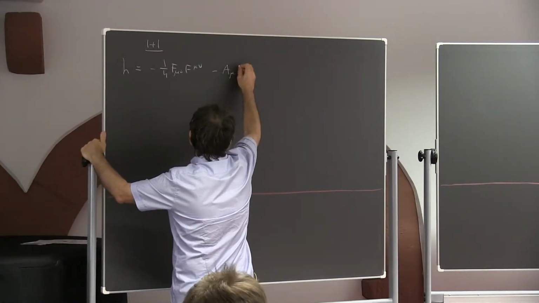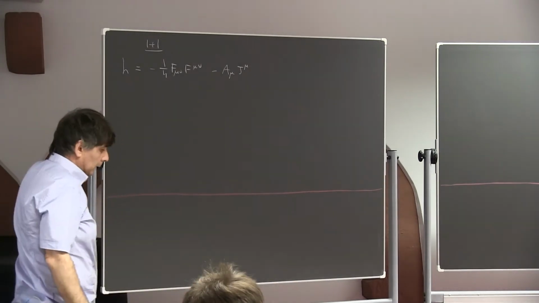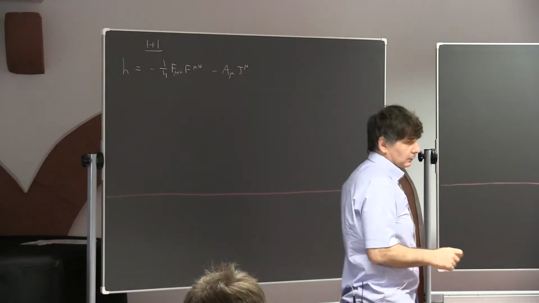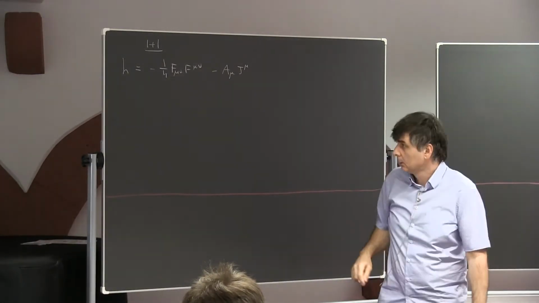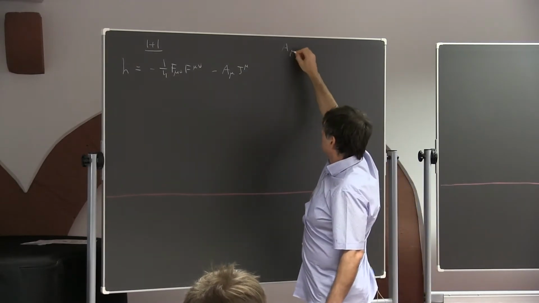We can couple this to an external current. And if we investigate this theory exactly the way we did standard 3 + 1 dimensional electrodynamics, of course it exhibits gauge redundancy and everything.